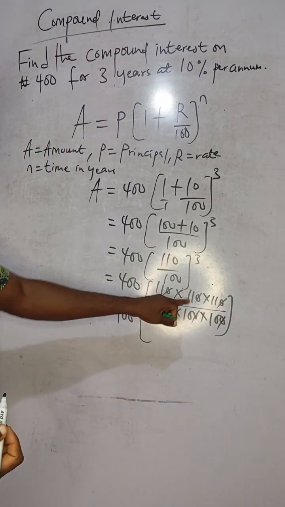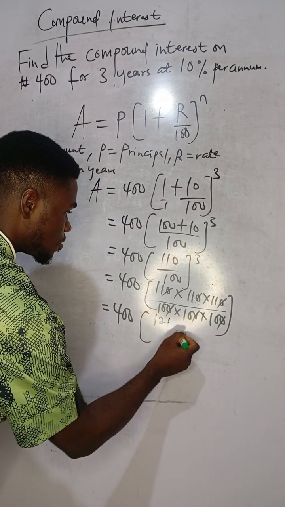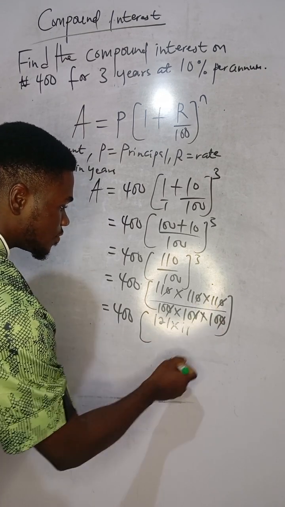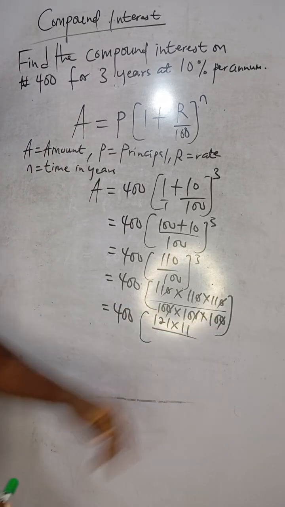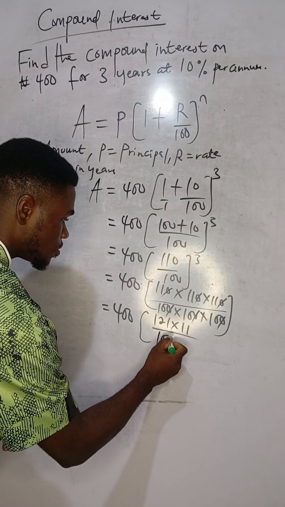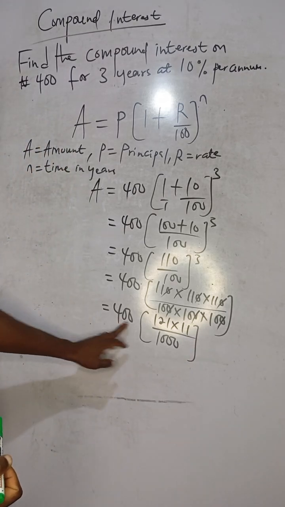And I know that 11 times 11 is going to give me 121. So I'm having 121 times another 11 remaining here, all over 10 times 10 times 10, which is going to give me 1000. So at this point you can see that this is multiplying this.